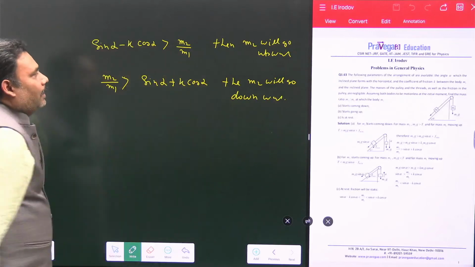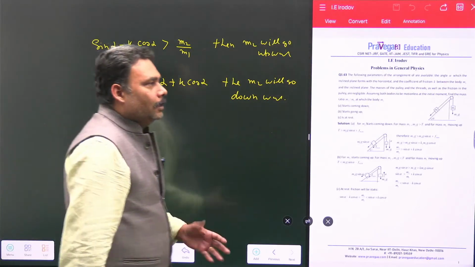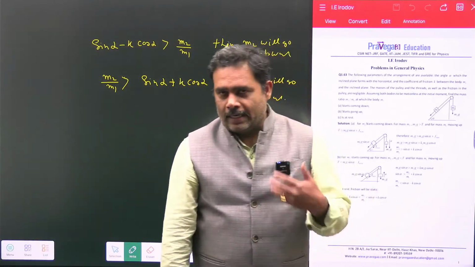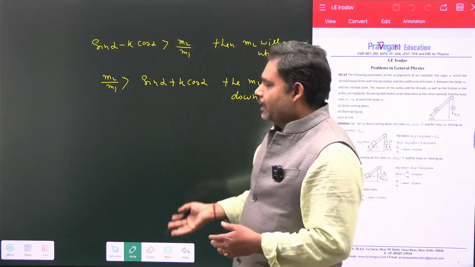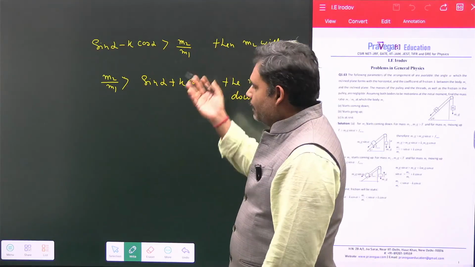So this is the scenario for which your particle will move. If you have this type of ratio, then the particle will go either up or down.